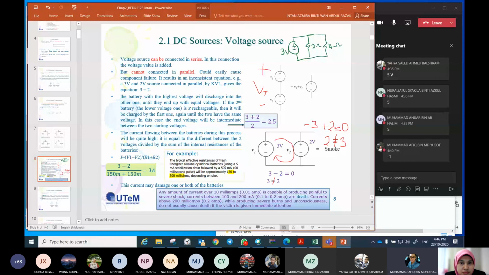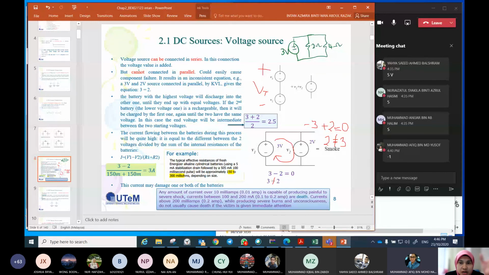Yes, because it has the same voltage. Same value is okay. It is like I said just now, jumping two car batteries of 12 and 12 volts. Betul, faham. Terima kasih.